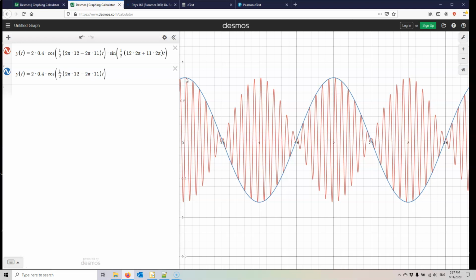But because within one full cycle, this function goes to 0 twice, that implies the number of beats per second, meaning the number of loud and quiet, is twice the frequency of the blue function.